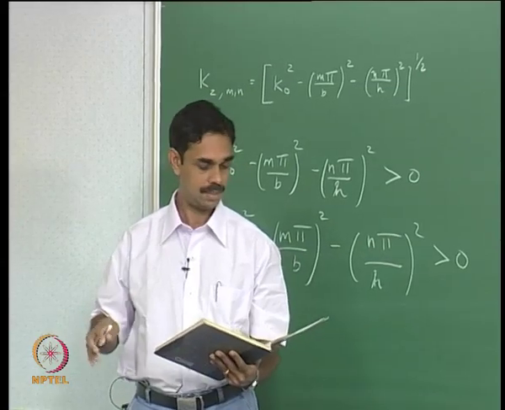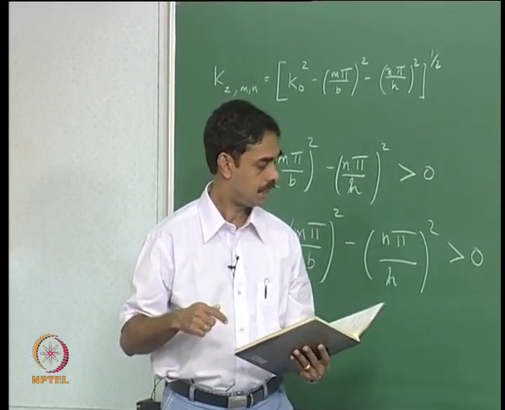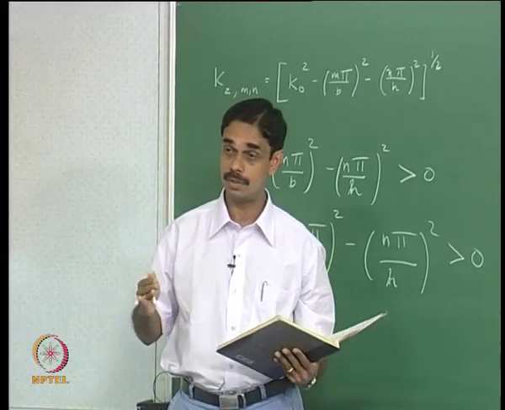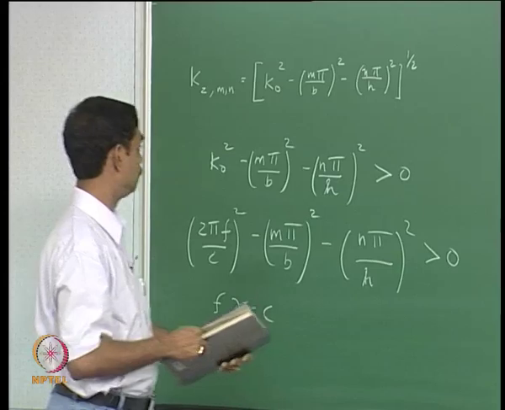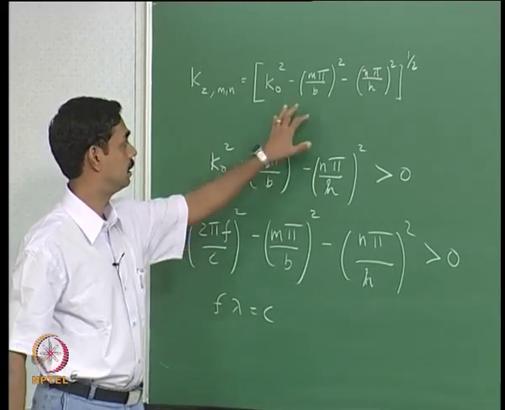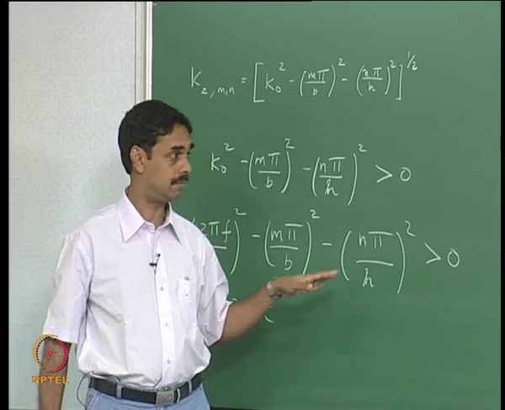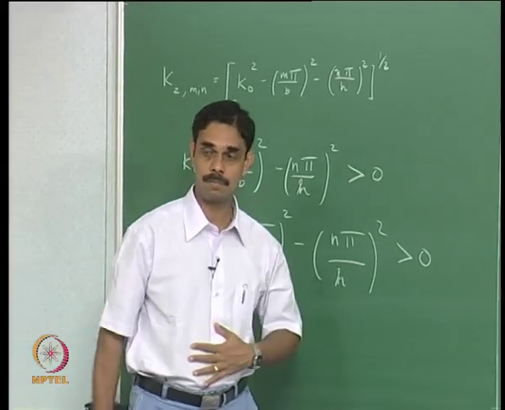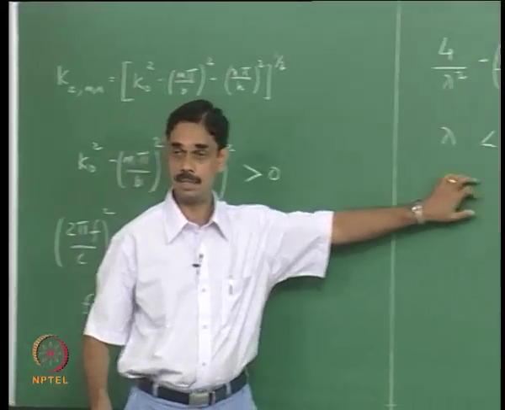It will only be present locally. Plane waves should have no problem, because if you take m and n as 0, this inequality will always be satisfied. But if you have non-plane waves with mode numbers m and n, you have to have this condition satisfied.